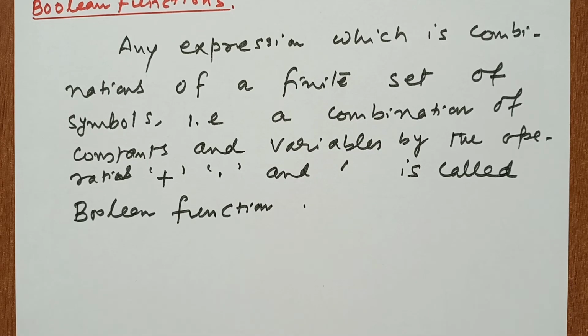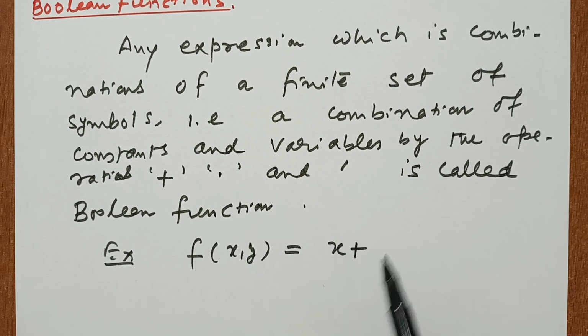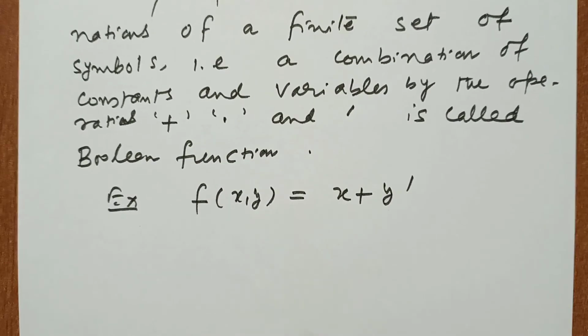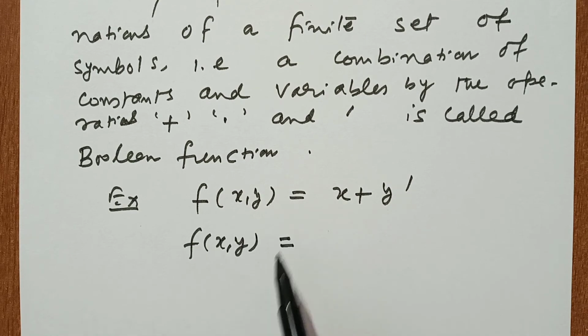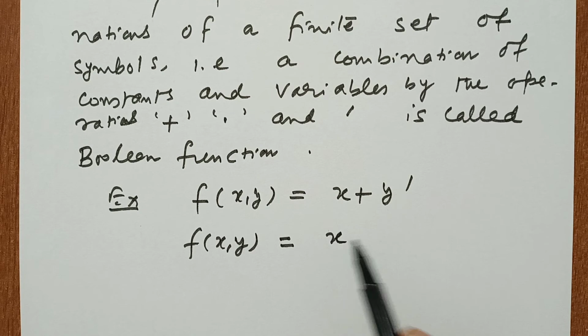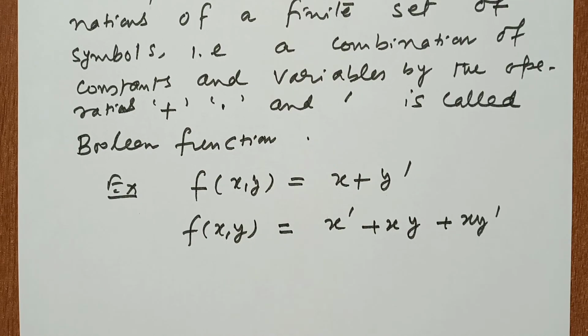For example, a Boolean function of two variables x and y is f of x y equal to x dash plus x y plus x y dash. So there are many ways to represent Boolean functions.